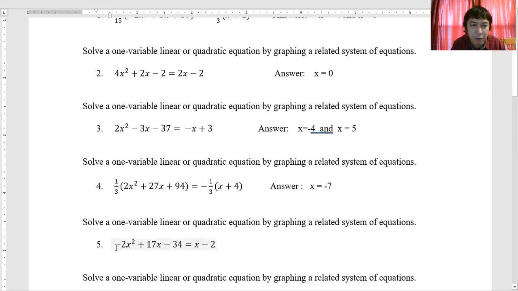Here's number 5 now. Solve a one-variable linear or quadratic equation by graphing a related system of equations. So what we need to do is just copy and paste it there in the Desmos.com graphing calculator. Okay, all right. So we proceed there.